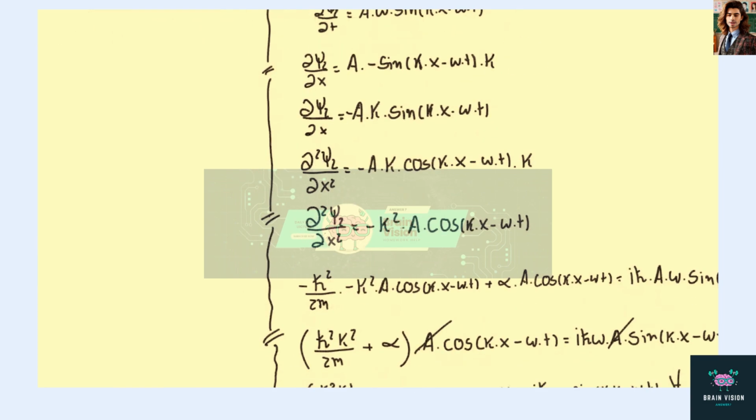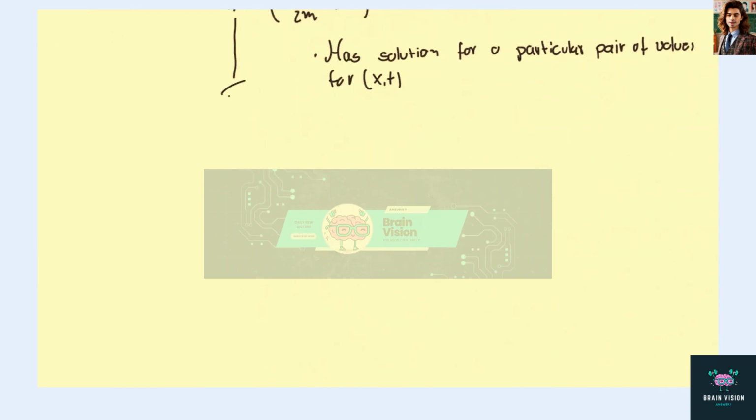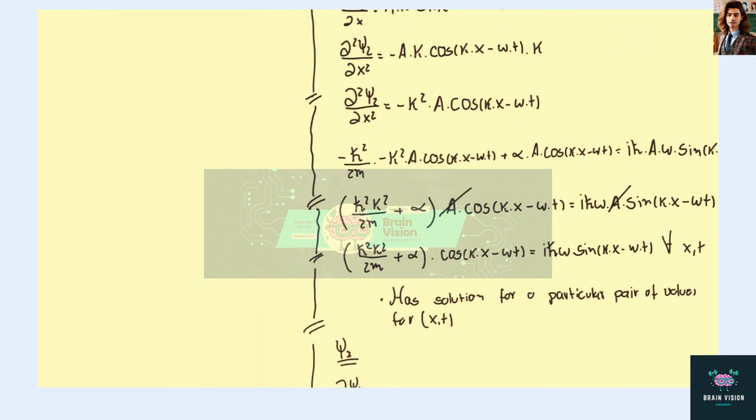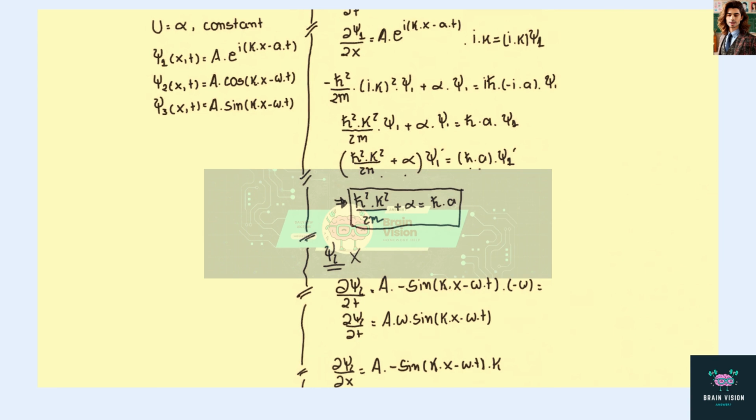Now, let us check psi 3. The time derivative of psi 3 is given by, well, psi 3 is a times sine of k x minus omega t.